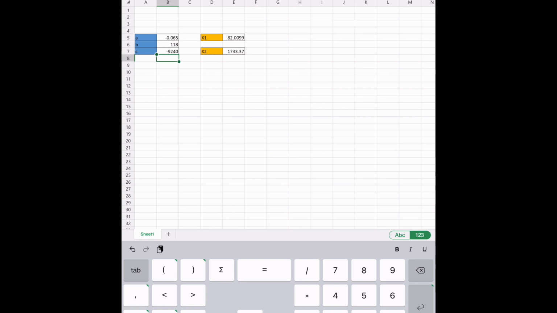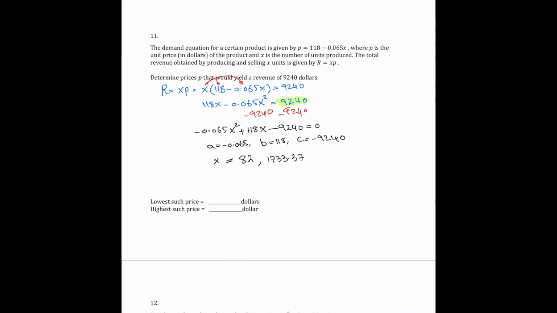So now we have x1 and x2. After you plug that into your quadratic formula, you get x is equal to 82, and x is equal to 1,733.37.